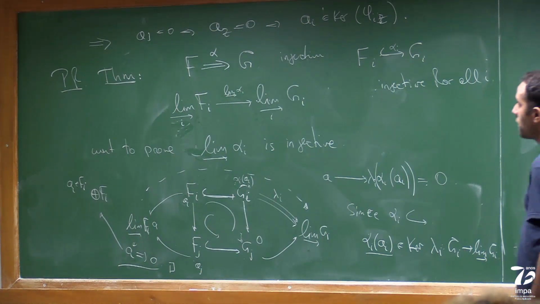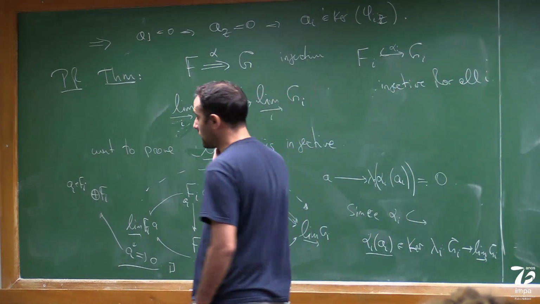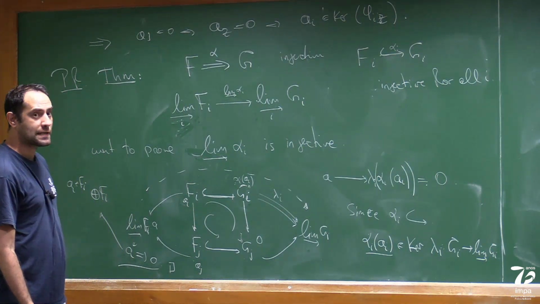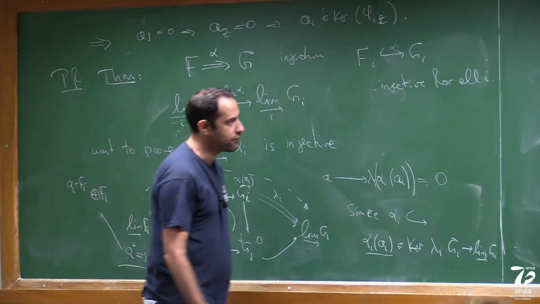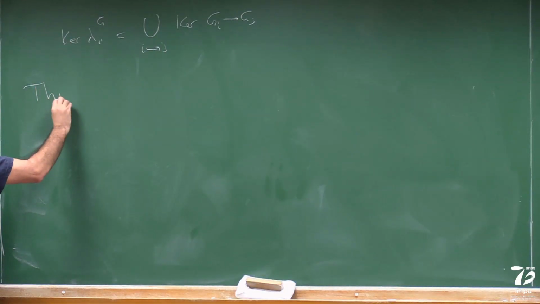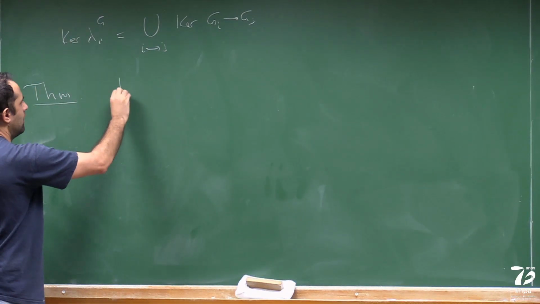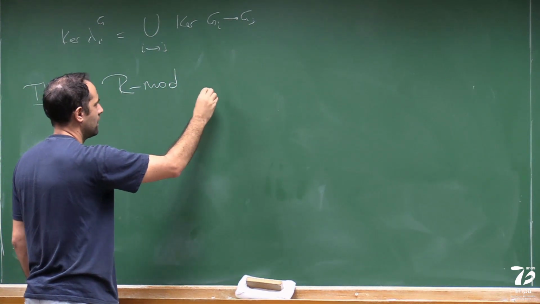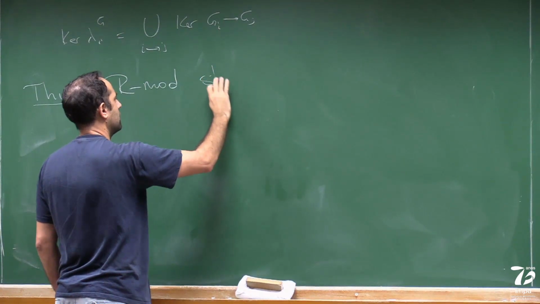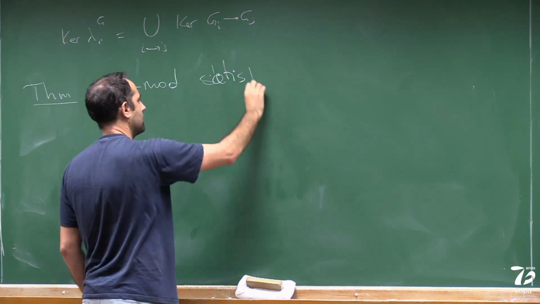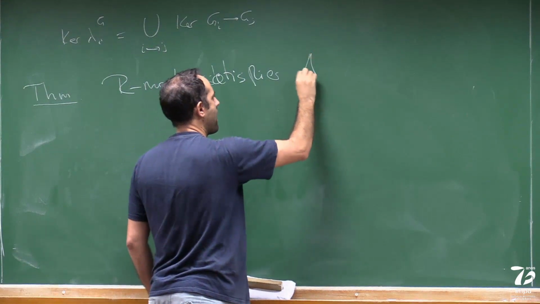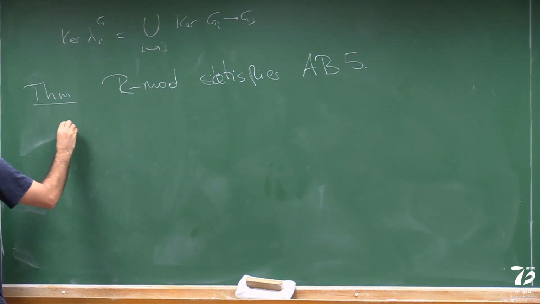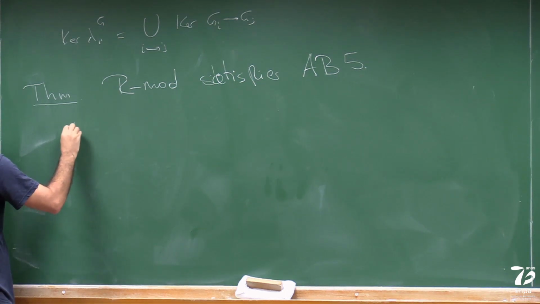So we proved the theorem that not direct limits, but filtered limits are exact in the category of R modules. So let's rewrite that theorem again. Theorem. The category of R modules satisfies AB5, and AB5 is the axiom that says the category is co-complete.